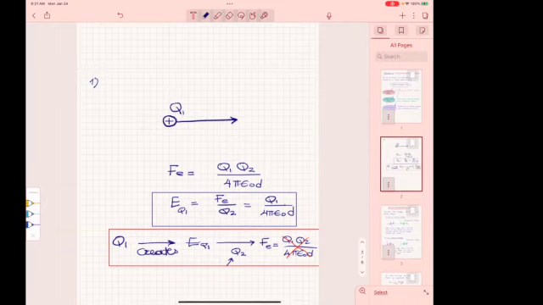The force exists, the field is some construct, and the direction of the field that a positive charge creates is always going to be outwards. Always.